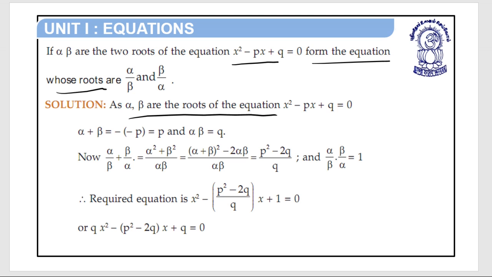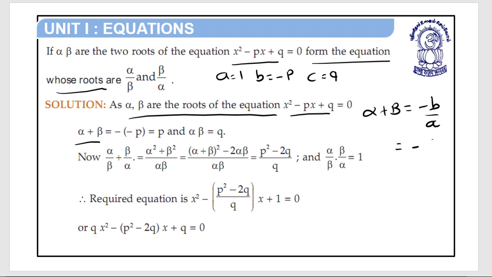Alpha plus beta is equal to p, because alpha plus beta is equal to minus b upon a. Here a is equal to 1, b is equal to minus p and c is equal to q. Minus b, so minus of minus p upon a, which is 1, so p.